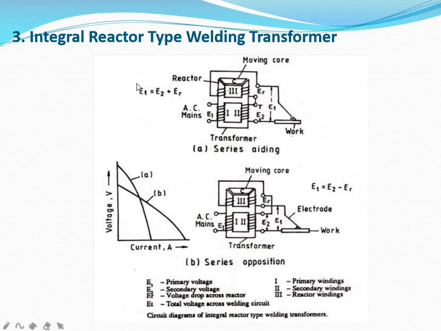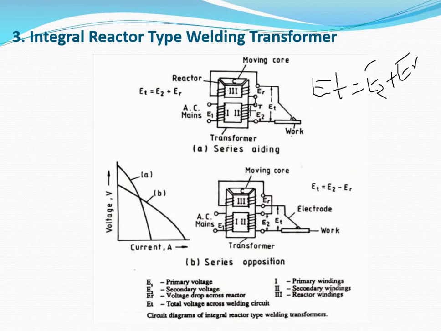When the reactor is connected in series aiding, the open circuit voltage of the transformer will be ET equals E2 plus ER, where E2 is the secondary voltage of the transformer and ER is the reactor voltage.